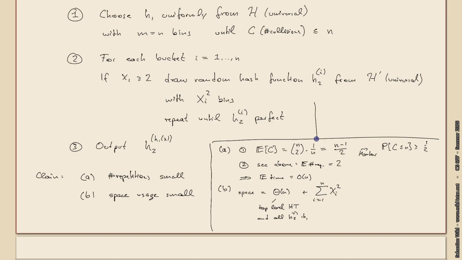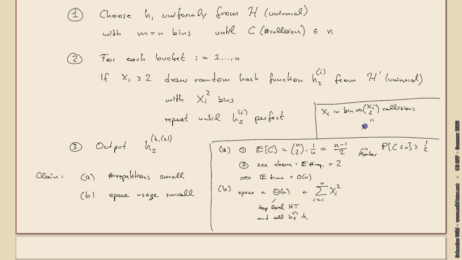Because, okay, tiny side calculation here. We've established that from a single full bin, we get xi choose 2 collisions. So if we have xi squared, that's almost this.